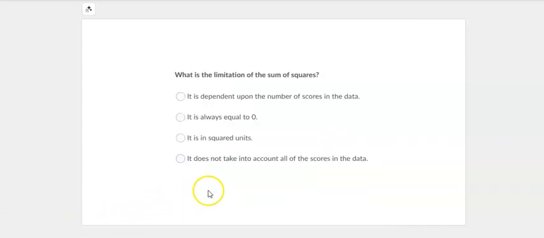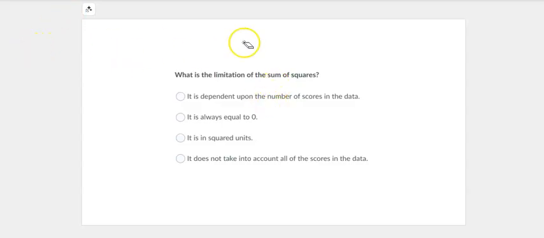So what is the limitation of the sum of squares? I explained the sum of squares last time. When scores are distant from the mean score, you obtain the square of how much they are distant, and then you add every number, and that is the sum of squares.